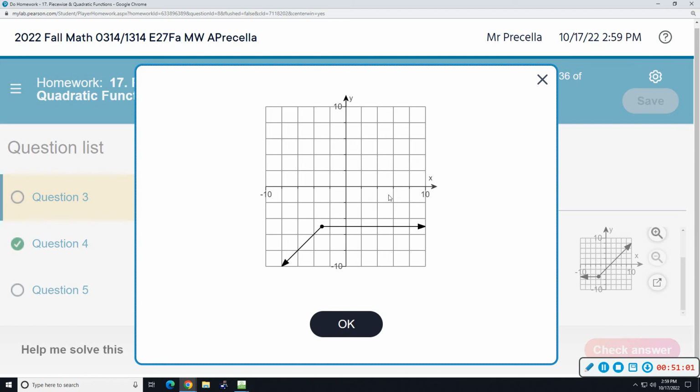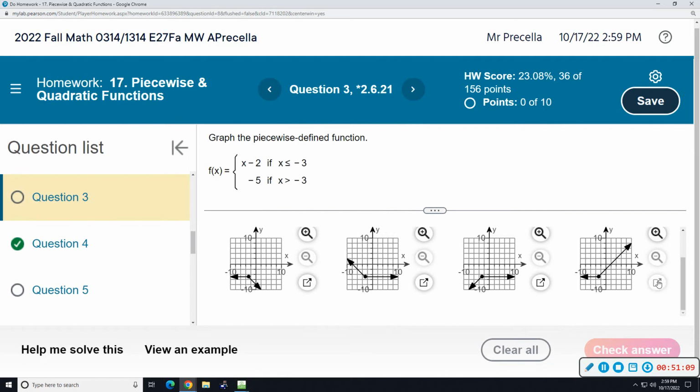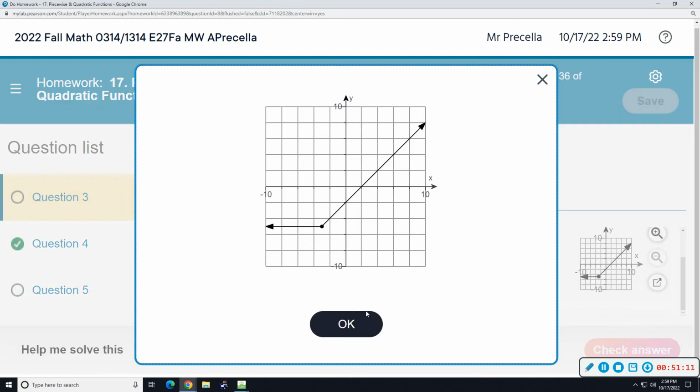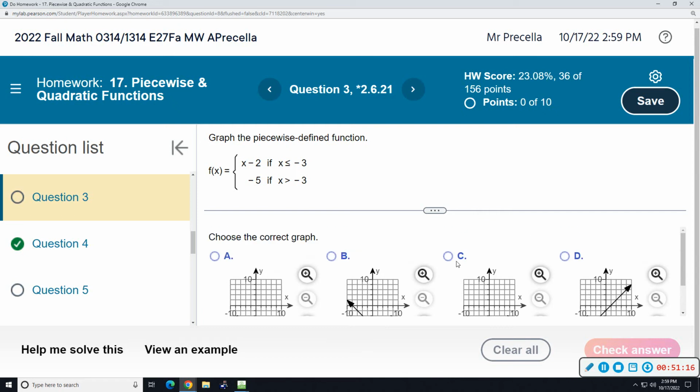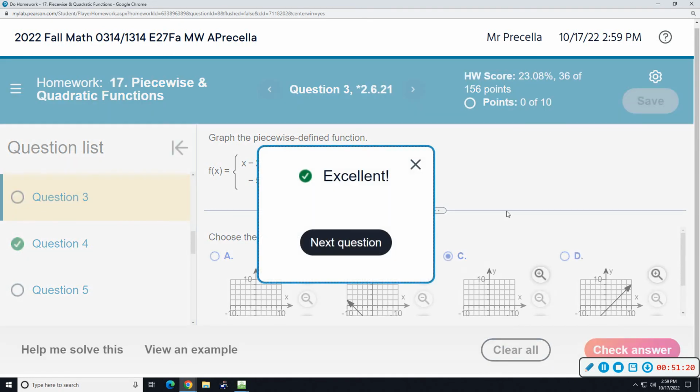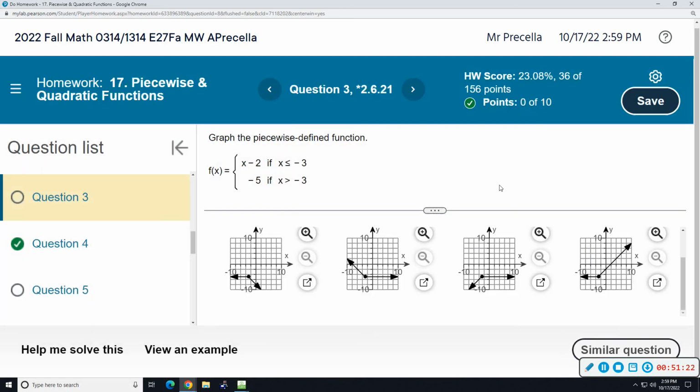So 2, 4, 6, 8, 10. So 3 would be negative 3 right here. I think that's it. I'll click on the 4th one just so you can say it's not that one obvious. I think they reversed the pieces, did it? The response, 3, and C. Any questions there?